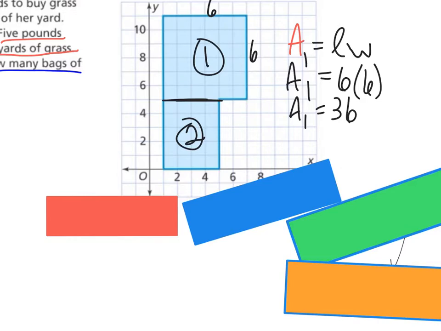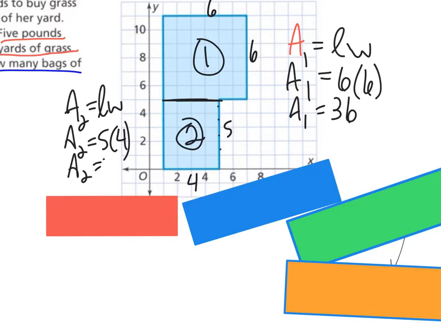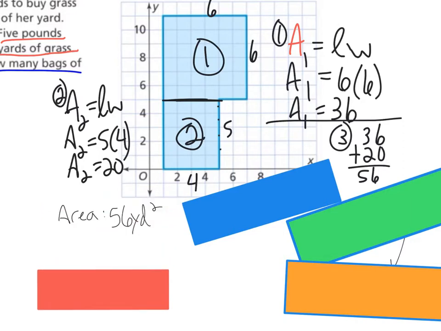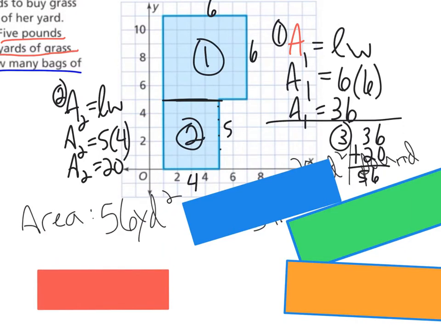And our second area is 5 by 4, which is 20. So I'm kind of all over the place here, but 36 and 20, and then we add those together, would be 56. So area is 56 square yards.